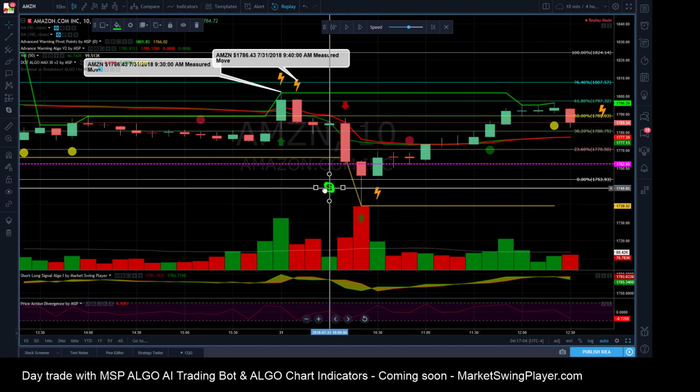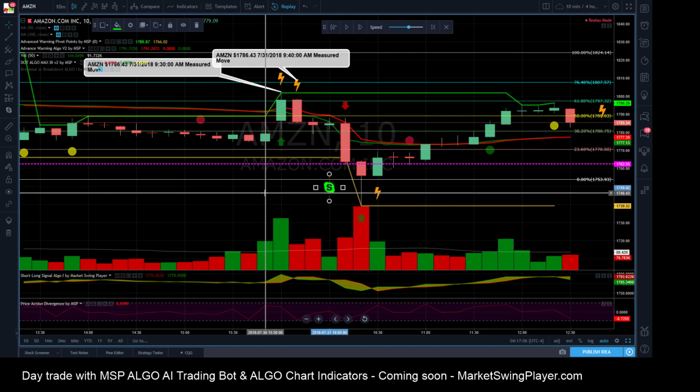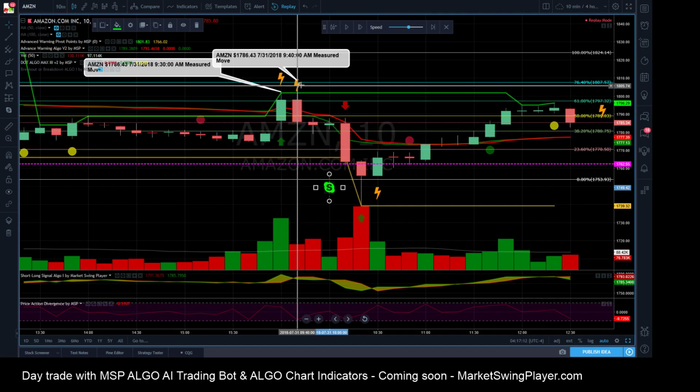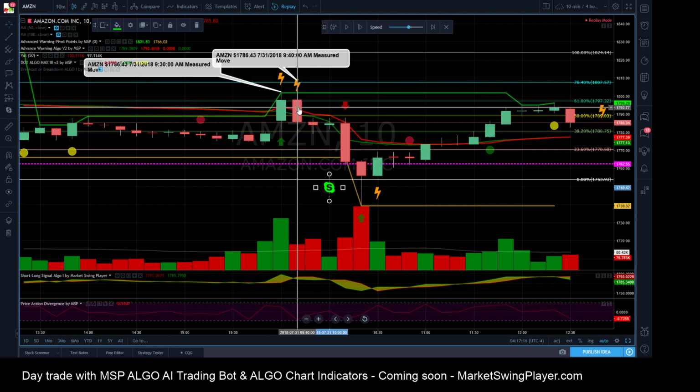So the measure move alert said that there is a spike coming here. Now, normally within the next candle or the candle after that, the move is going to come. So based on a 10-minute time frame, this does not apply to any time frame for intraday besides a 10-minute time frame.